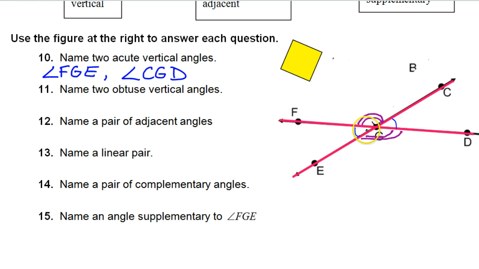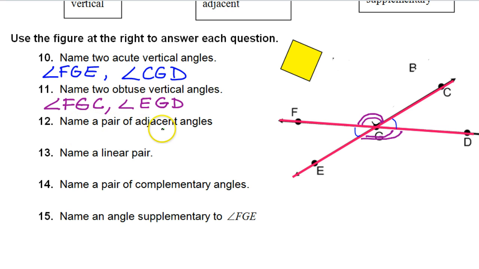So angle FGC is obtuse. Okay, clearly that's bigger than 90 degrees. Alright, FGC is one of them. And the one down here is angle EGD. Okay, that's a horrible G, but I'm going to leave it.